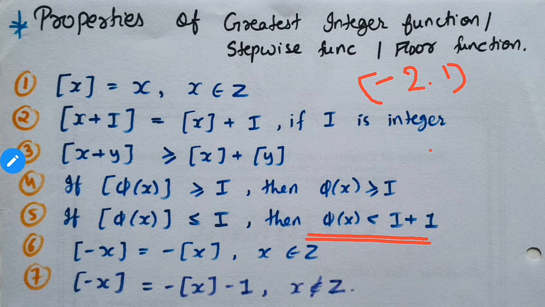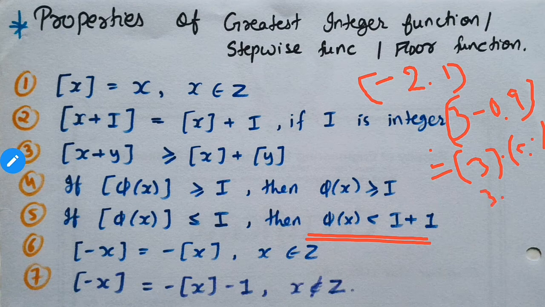Can we write this as minus 3 plus 0.9? Okay, so now this we know how to solve. This we can add: greatest integer function of minus 3 plus greatest integer function of 0.9. So that is equal to minus 3 plus 0. So the answer will be minus 3.